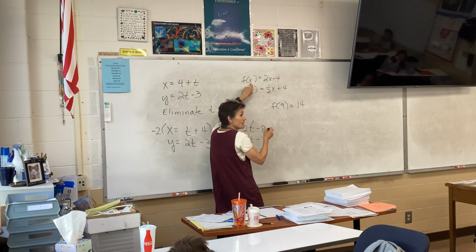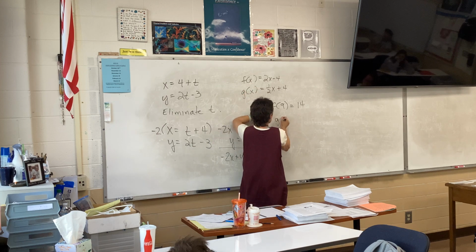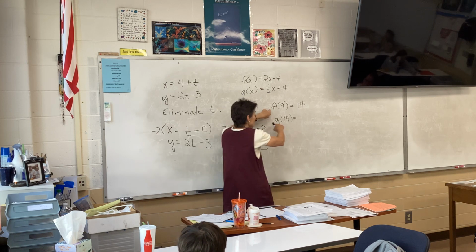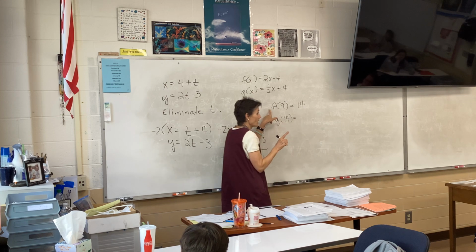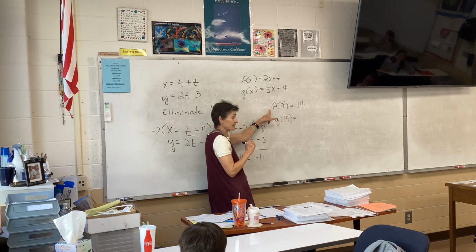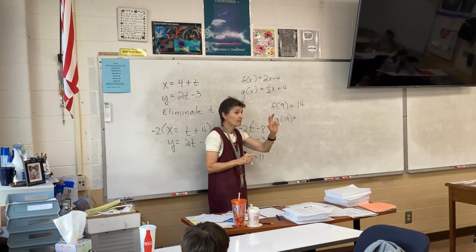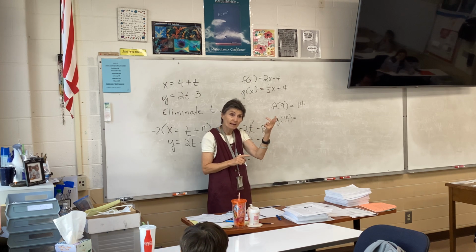Okay, now, whatever answer you got, plug it into the second function. If they are inverses, when you do this, you're going to get your first number back again. We're going to get 9 back again. If we don't get 9 back again, they're not inverses, because inverses flip-flop x and y.